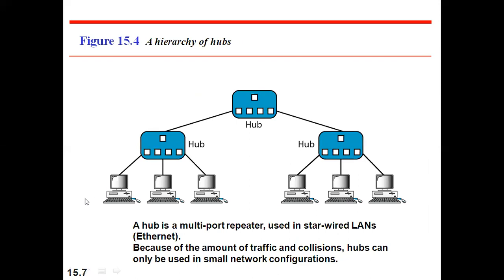A hub will take a message and just forward it to the other link. You can see there are multiple ports. This port will get all the signals, and whichever signals it gets, it will just forward to the other side of the link. So a hub is nothing but a multi-port repeater.